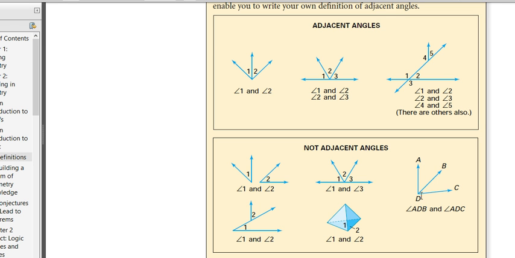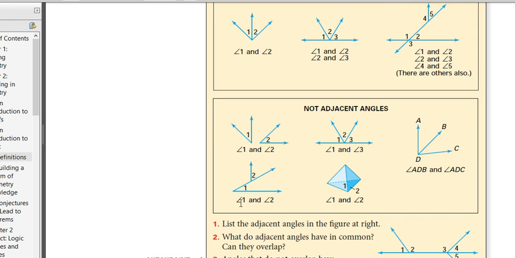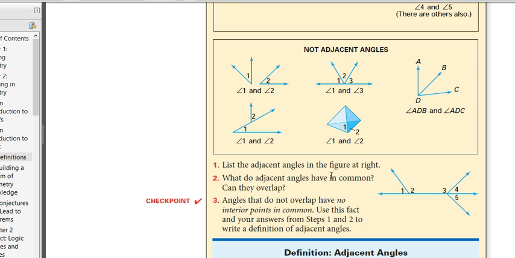ADB is inside ADC, the bigger angle. Finally, angles 1 and 2 don't share the common vertex. And then angles 1 and 2 are not in the same plane. They're two sides of the Great Pyramid of Khufu. I forget the name. Anyway, list the adjacent angles in the figure at right.